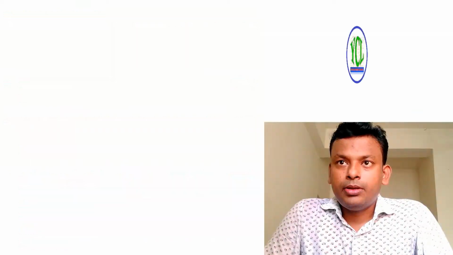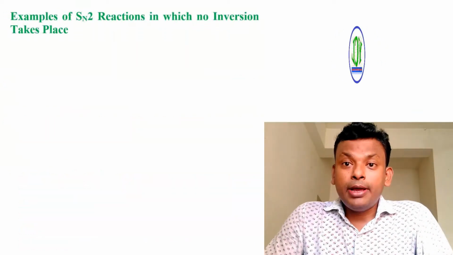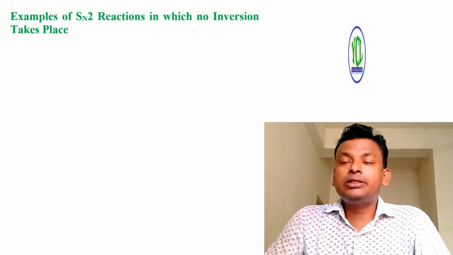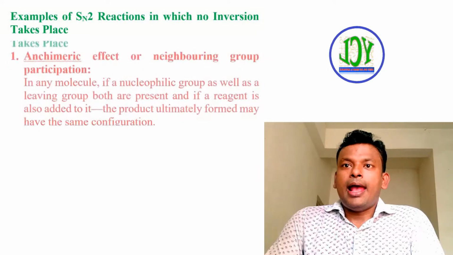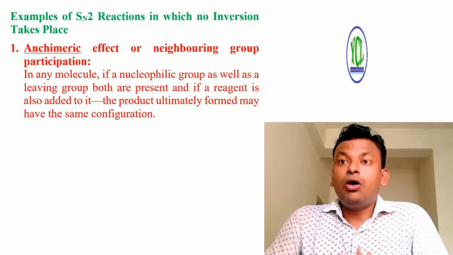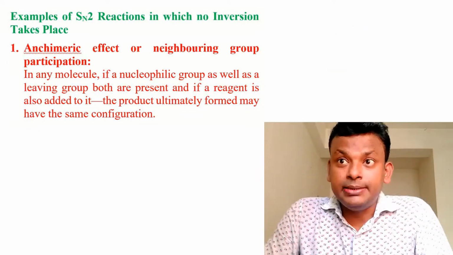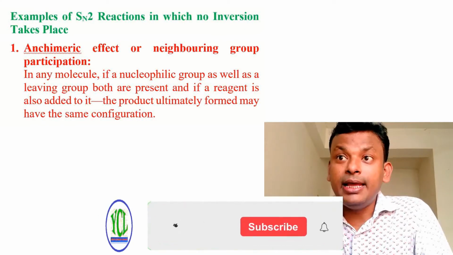So next, an example of an SN2 reaction in which no inversion takes place. First point, the anchimeric effect or neighboring group participation, that is NGP.